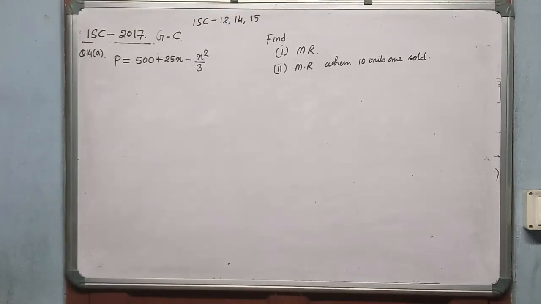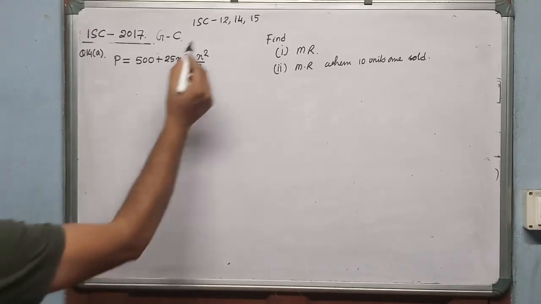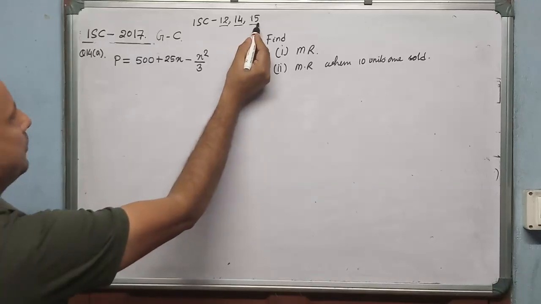Now dear student, the next question is ISC 2017, and this is the last question that I am going to do through this video. The remaining questions, that is maxima and minima type questions, are not in your syllabus, in this revised syllabus. This question is a little bit different. And one more thing, there is some homework: ISC 2012, 2014 and 2015.